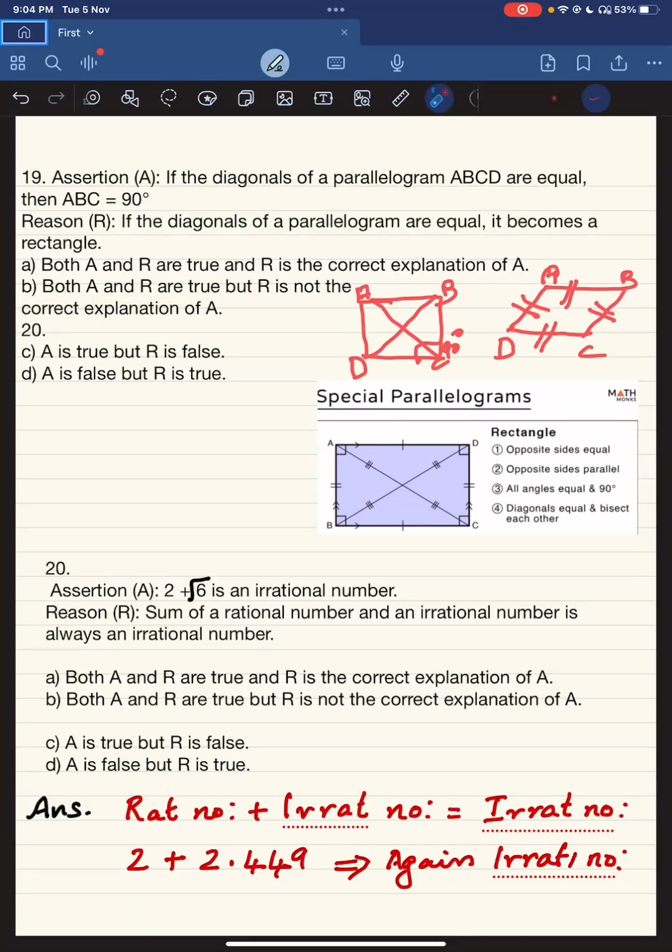This is false, because the reason, the diagonals of a parallelogram are equal, it becomes a rectangle, is already a correct explanation. Then A is true but R is false, that is also not true. A is false but R is true, that is also not true. So option A is the correct answer.